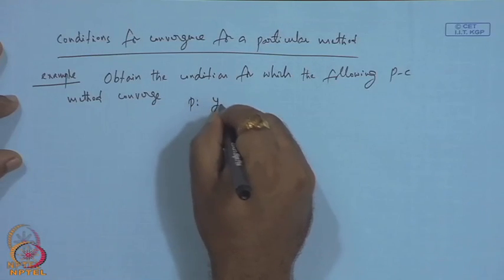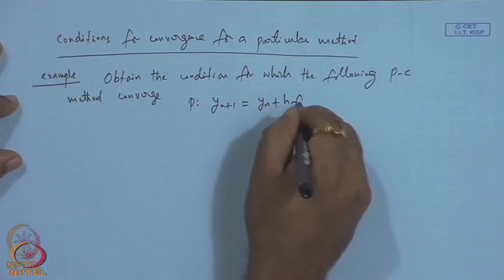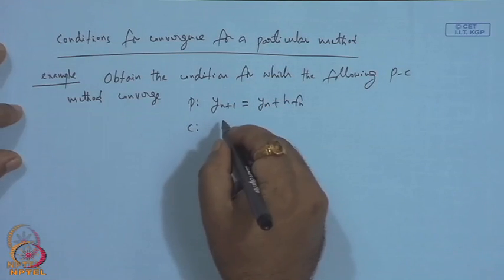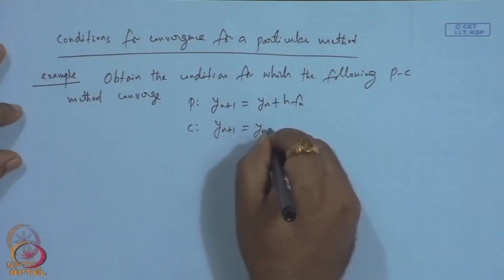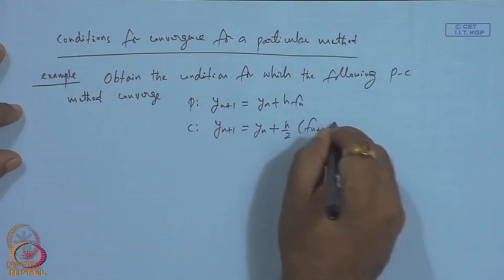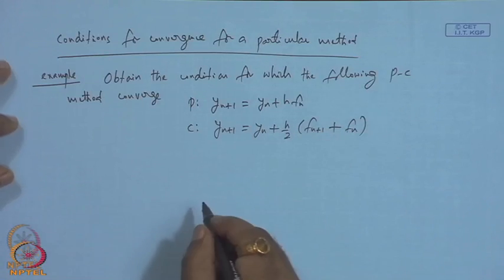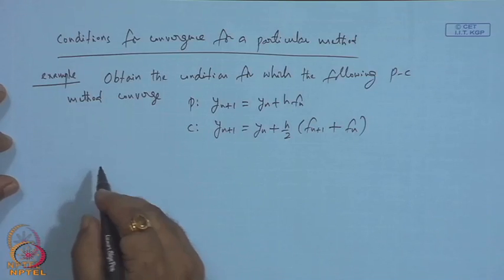What is a PC method? Prediction is simple Euler, correction is modified Euler. Okay, right.